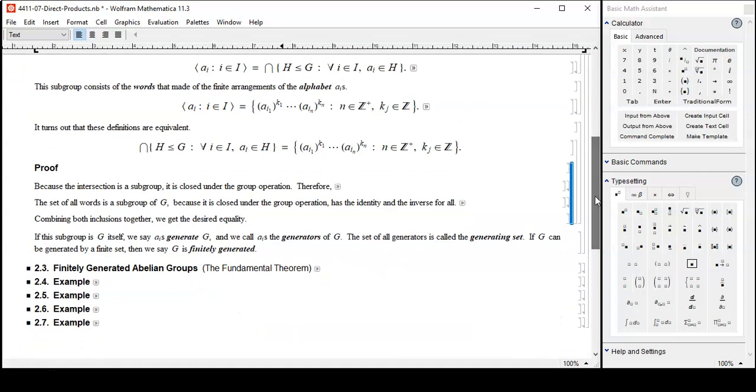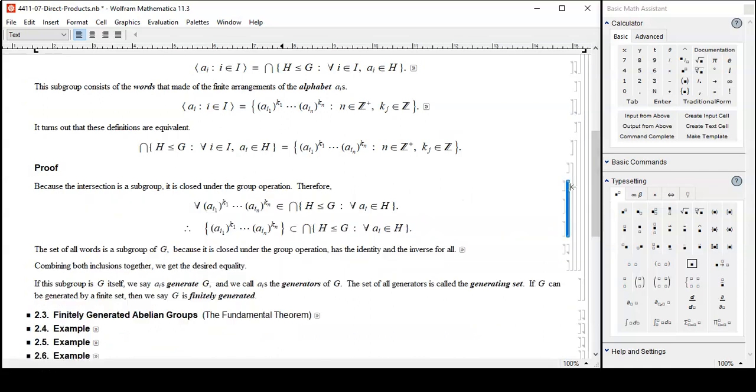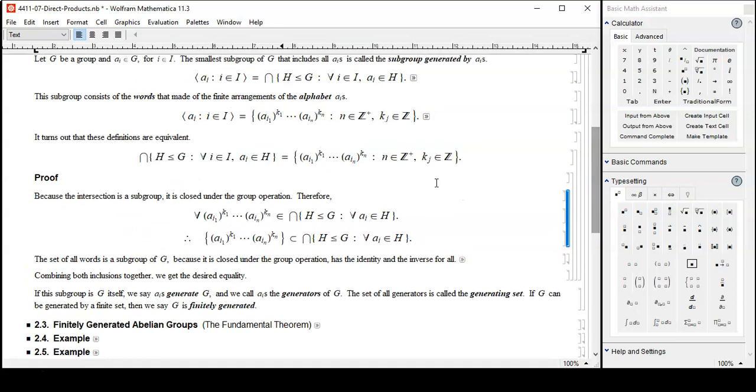Let's make this observation first. Because the intersection is a subgroup, it's closed under the group operations. So all a_i1, a_i2, all the way to a_in, they all belong to the intersection because each of those belongs to any subgroup H of G that includes all a_i's, you see.